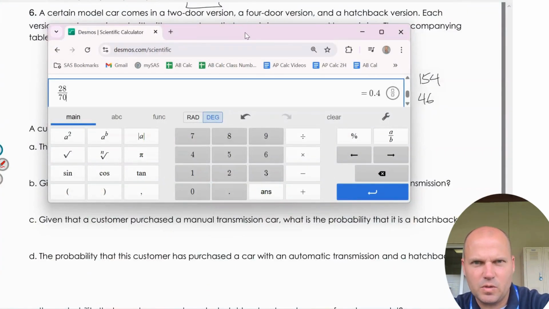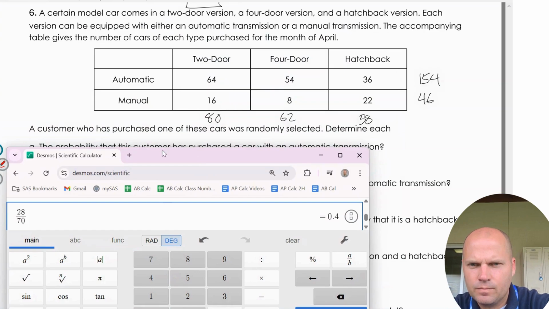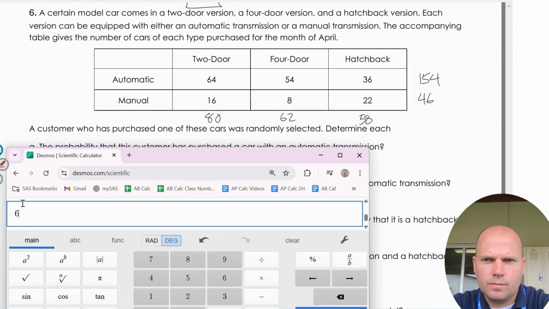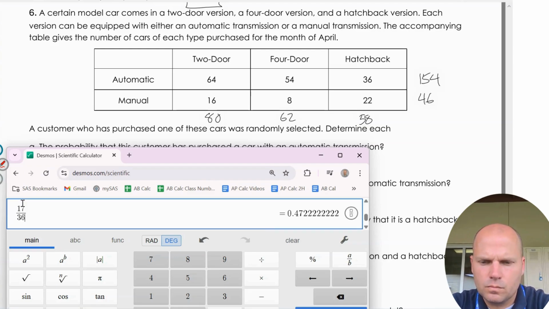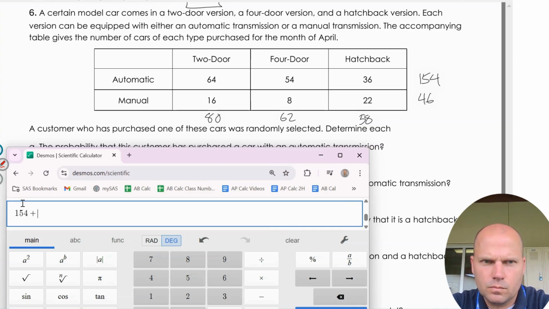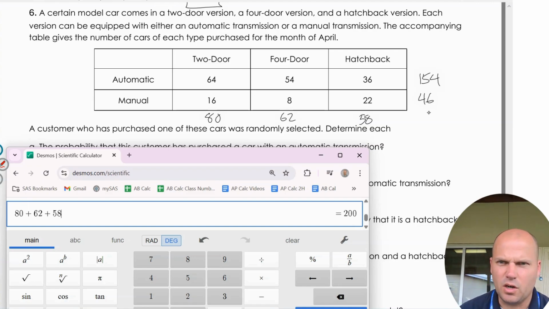Why do we have to get these big numbers? 200. 200 cars.